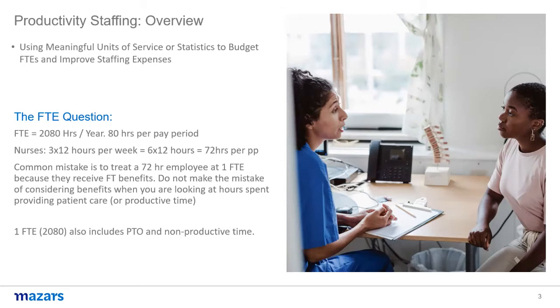While many employees are 1.0 FTE, a lot of nurses are not, because nurses generally don't work 8 hours a day, 5 days a week. So it's really important that we don't budget those individuals as 1.0 FTE on the schedules, on the staff, because it's going to throw off our staffing expense over the month and over the year as well.